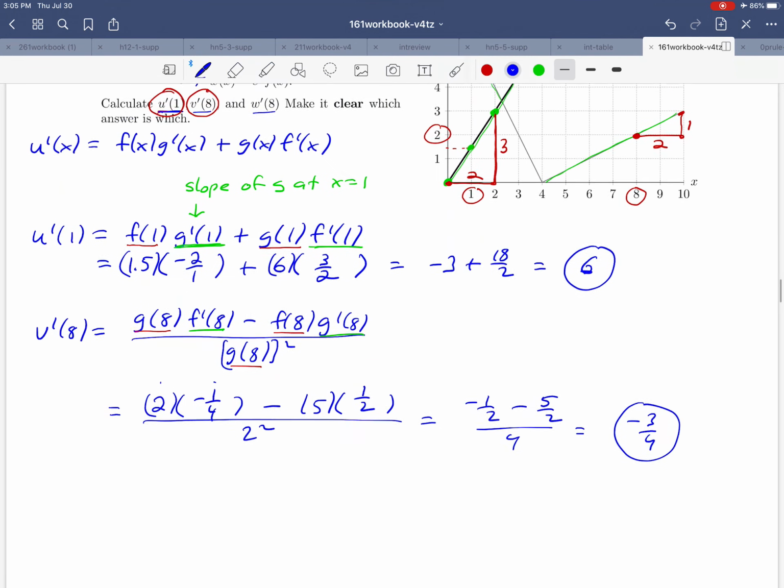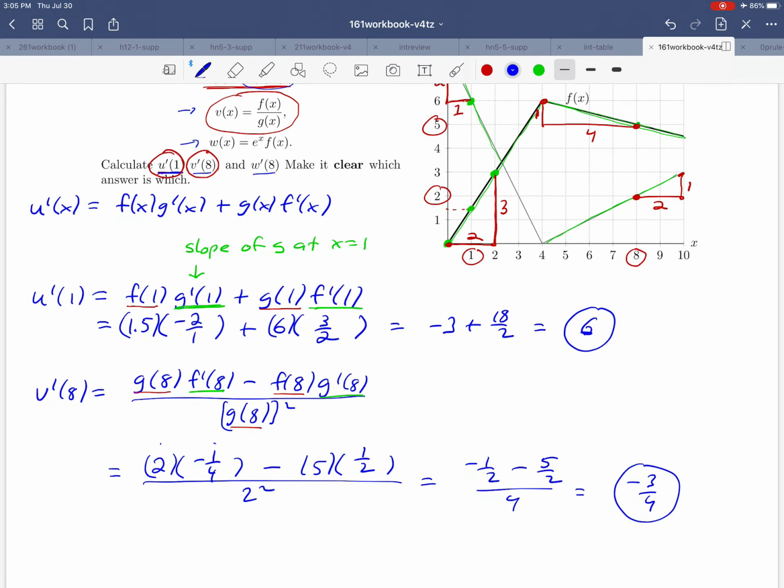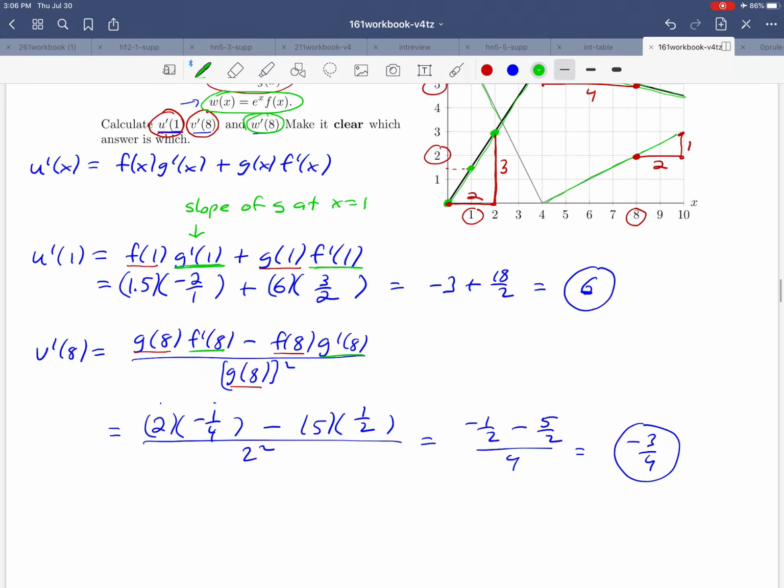Okay, we've got one part to go. So the last thing they'd like us to calculate is w prime of 8. Our formula for w is sitting right here, e to the x f of x. So we need to start by taking the derivative of that. And notice that e to the x f of x is a product, so we're going to use the product rule.